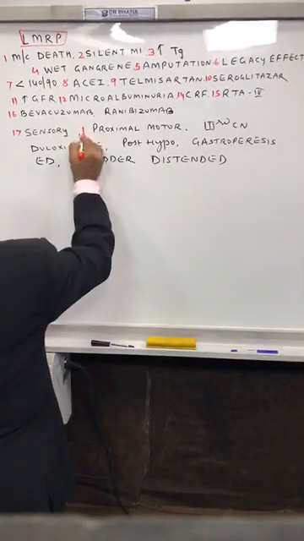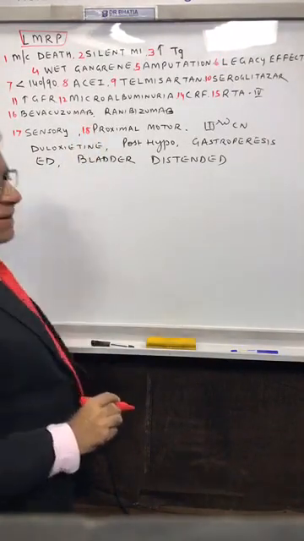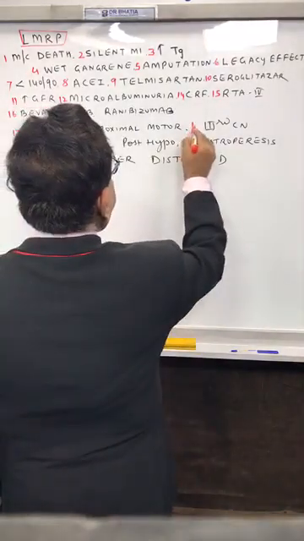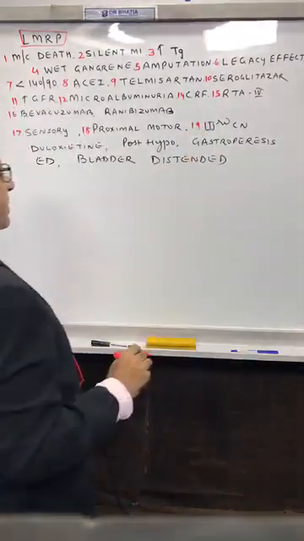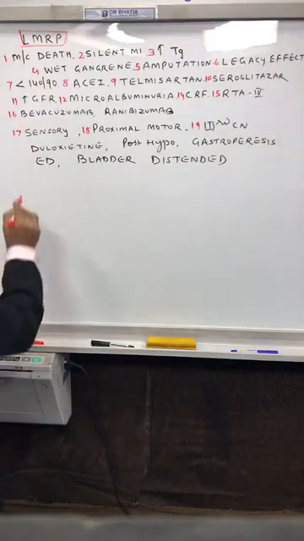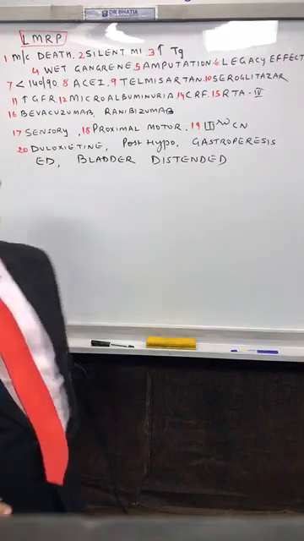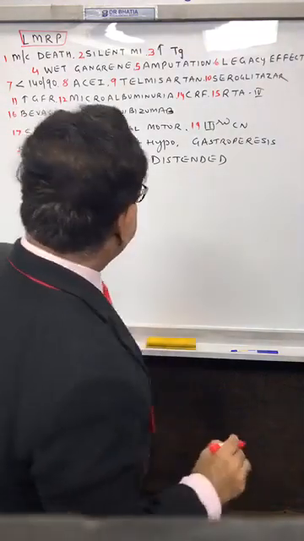There is proximal motor neuropathy, which leads to paraplegia. Commonest cranial nerve involved is third nerve. And duloxetine is used for painful neuropathy.